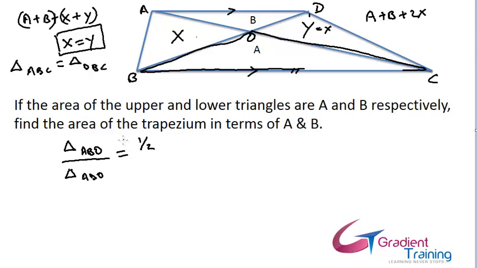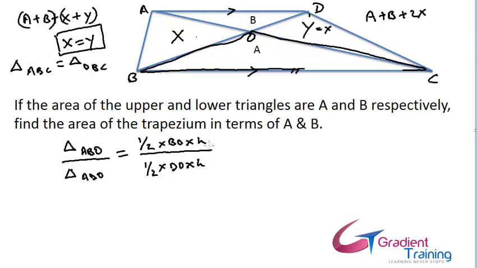Area of triangle ABO will be half into base BO into height, whatever is the height. And area of triangle ADO is half into base DO into height.